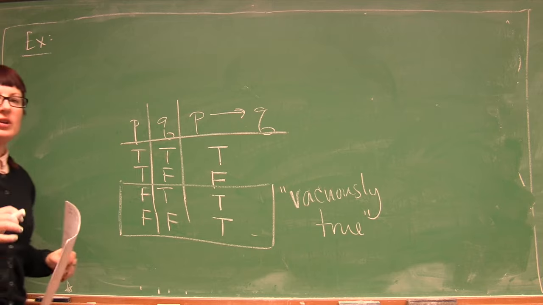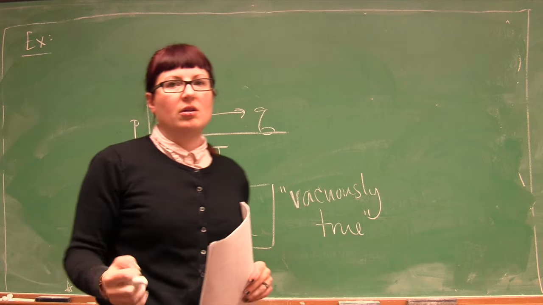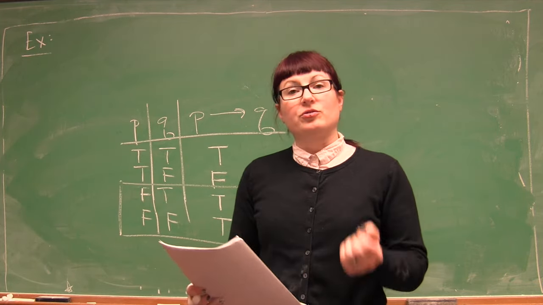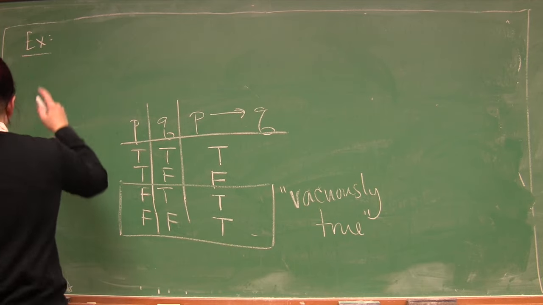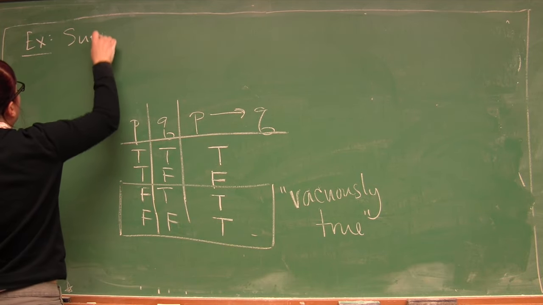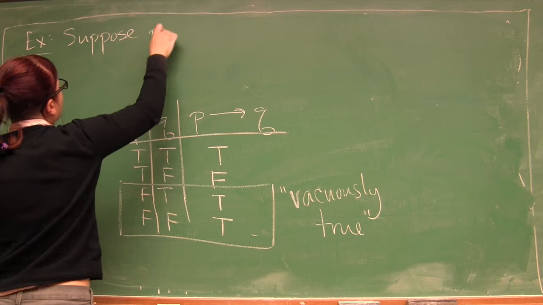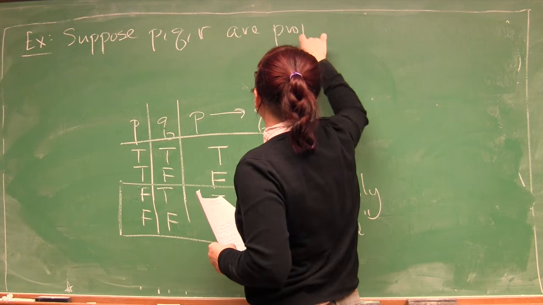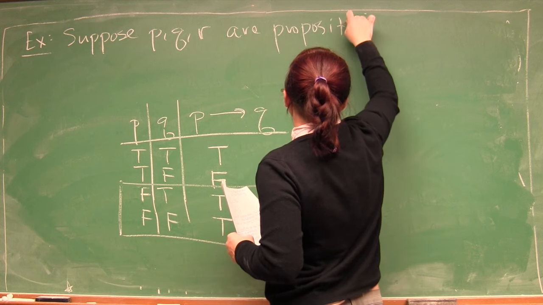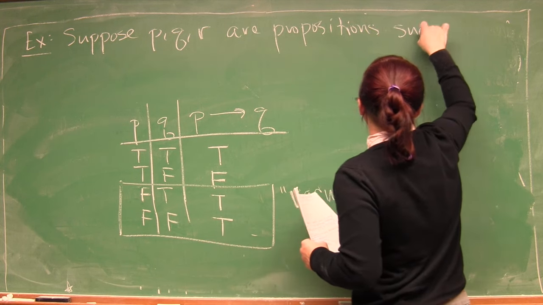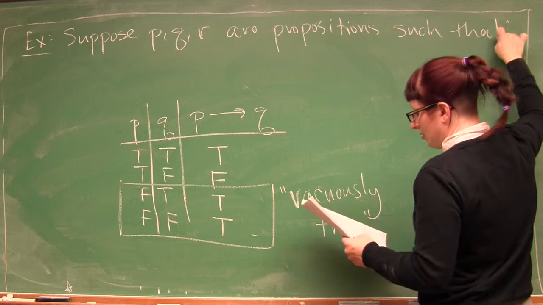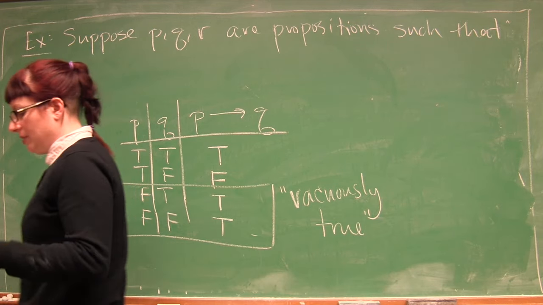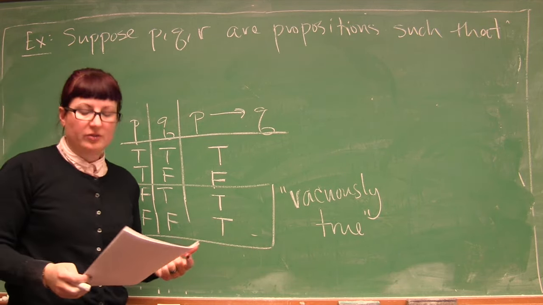So let's say we don't know exactly what the statements P, Q, and R are, but we do know their truth values. So let's suppose P, Q, R are propositions such that P is true, Q is false, and R is true.